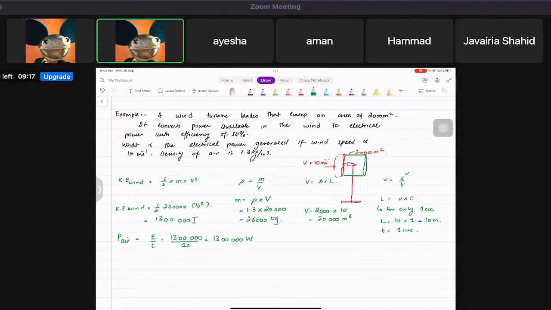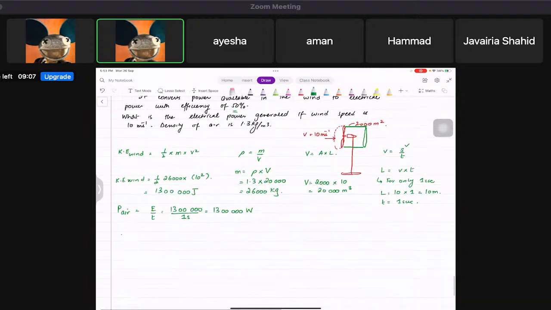Now we need to find the electrical power generated, but this time we know that efficiency is only 50%, which means that efficiency, which is given by output over input times 100%, is the percentage efficiency. That is 50%. The output was what we need to find, but the input was 1300000 times 100%.